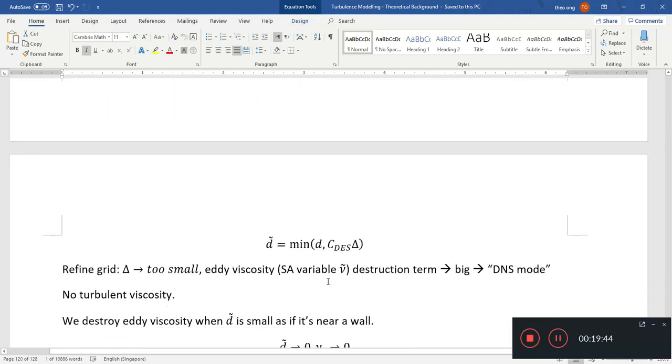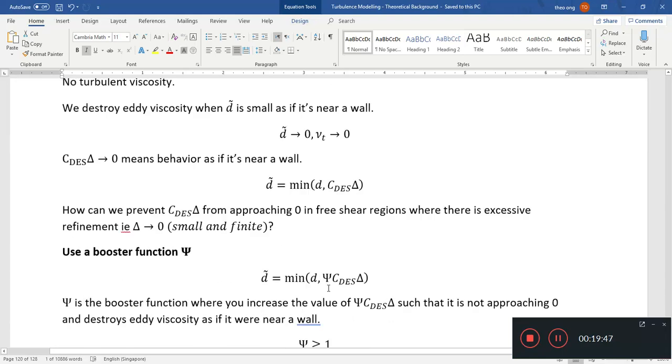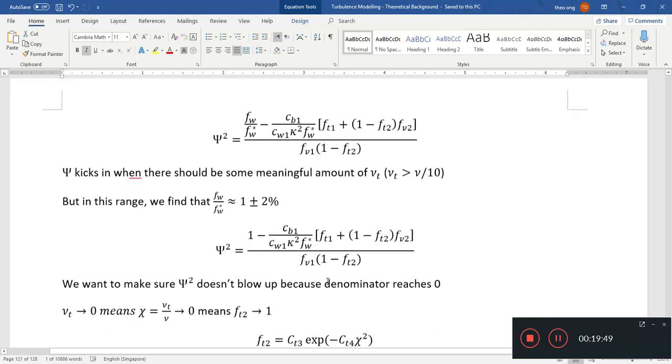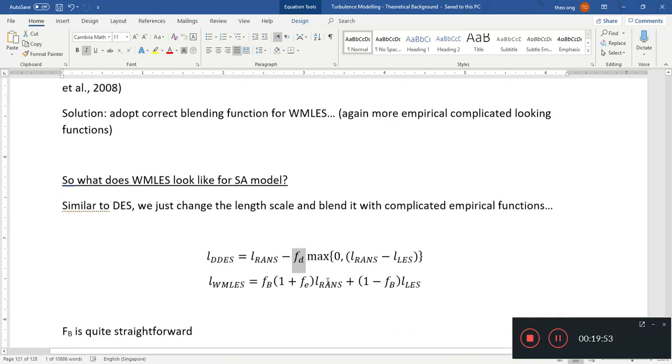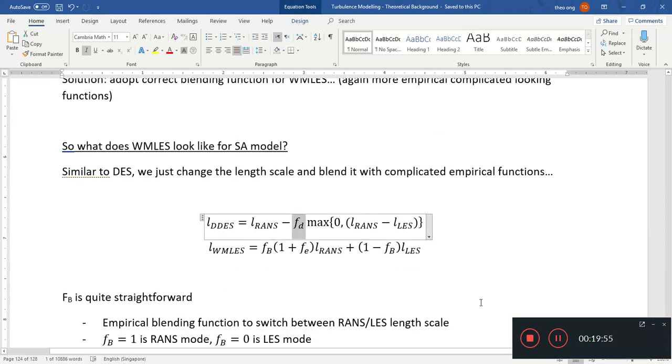If you want, you can go back and take a look. I'm not going to go through it again. Remember, this FD is the stuff that delays the onset of LES in the boundary layer. So that's why you have that there. It's the hyperbolic tangent function. You will find it in the paper as well for the IDDES.